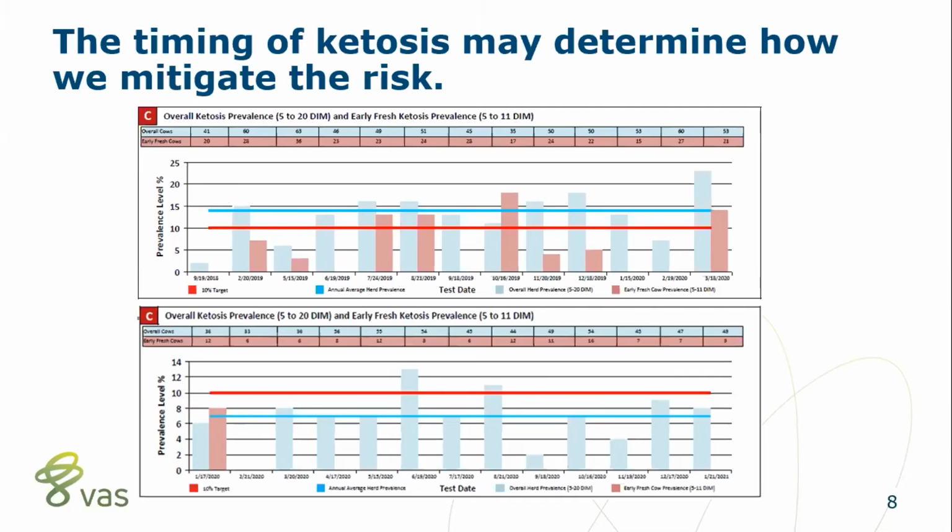In order for this data to be good and for us to be able to apply it to what we're doing on the farm with our management, we have to make sure we have good data integrity, which includes making sure that we're testing those cows in the sick pen if they're early fresh. We're testing all of our fresh cows, so we're getting a good data set here. This herd is testing those early fresh cows, but we're not seeing that ketosis prevalence there. So we might take very different approaches between these two herds.